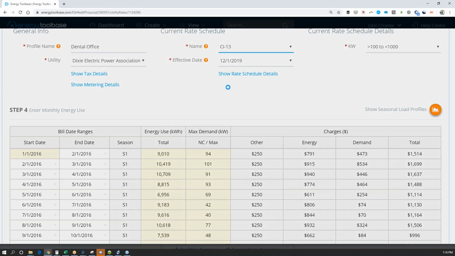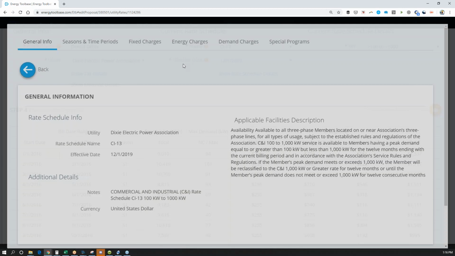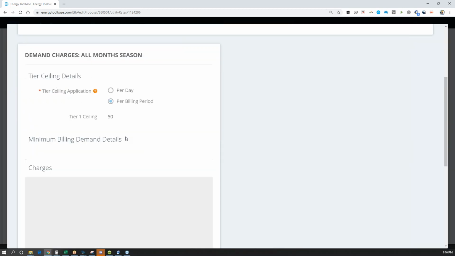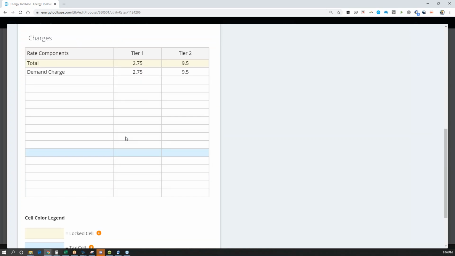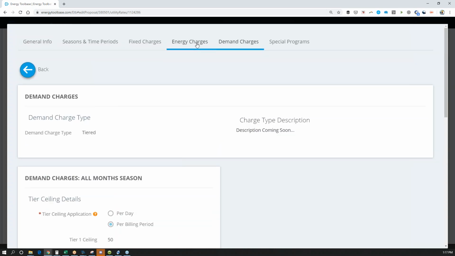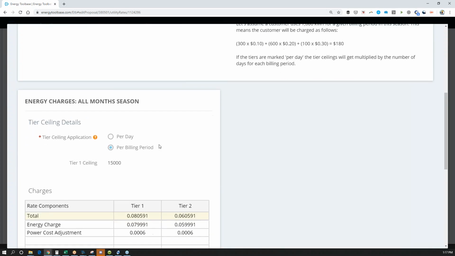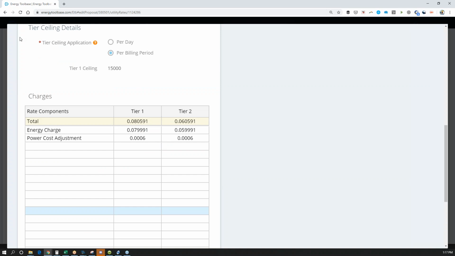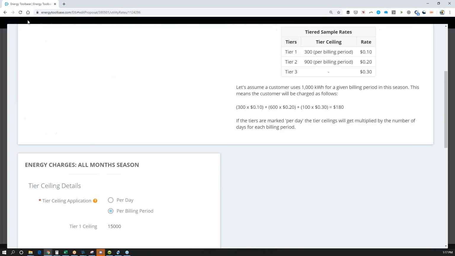And then we have a different industrial rate, where the demand charge is a little bit higher. And I don't know about the energy rate. Probably should have done this example outside of Mississippi.